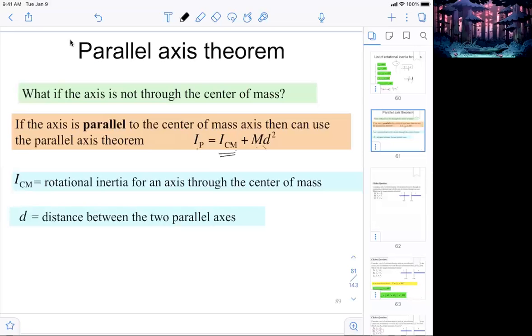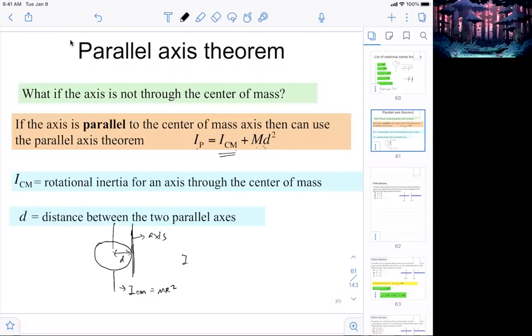For example, if you have a ring, you know that I through the center of mass for the ring is mr squared. But instead of rotating relative to this axis, you let it rotate relative to this new axis, and the distance between them is d, which is also r in this case.